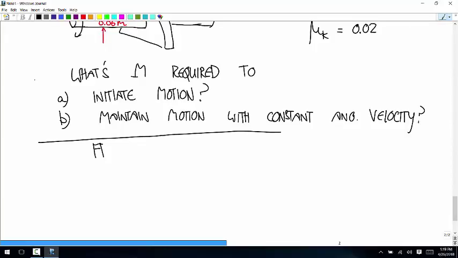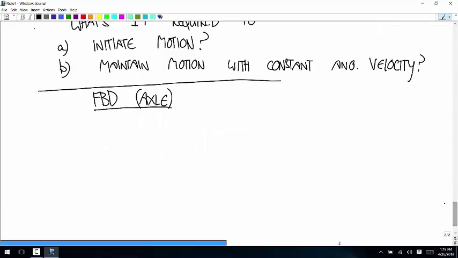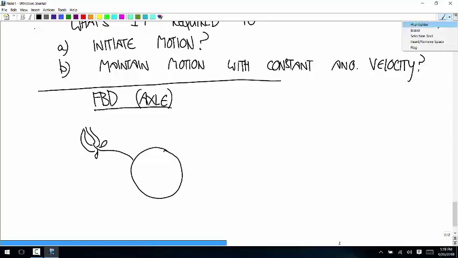Okay, so free body diagram of the axle. Okay, so we know we're going to be applying this moment M. That's what we're trying to find, the moment M that we need to overcome the moment produced by the friction.